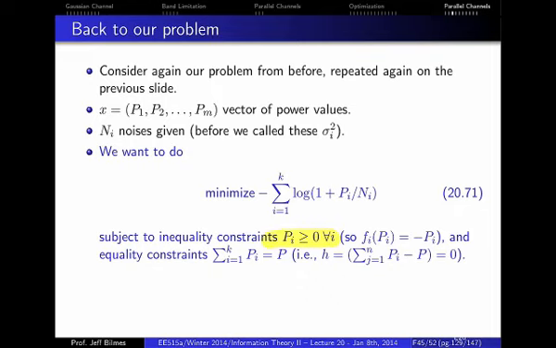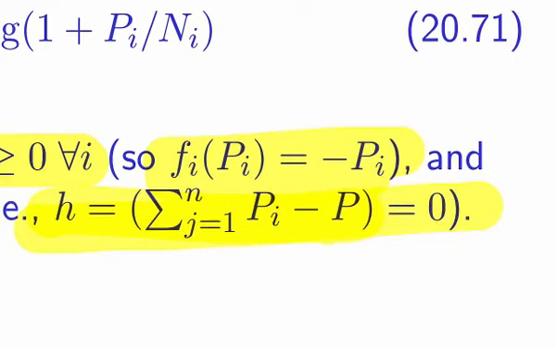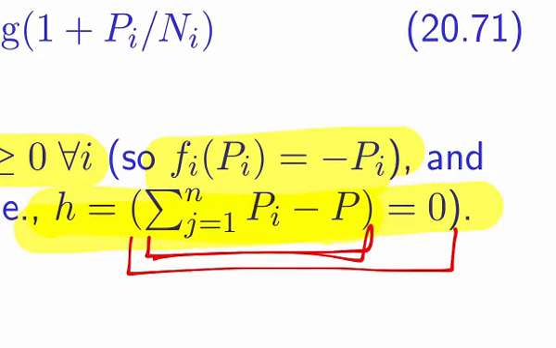No problem, we can handle that, for example, with f of p equal to negative p_i. And we have an equality constraint with an h, which is equal to this quantity. Let's just zoom in on this. We can say that this whole thing is equal to 0. So this quantity here, that's our h, which is equal to 0. That's easy to do.